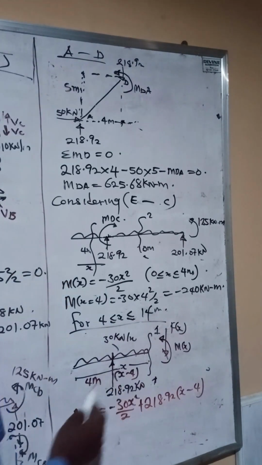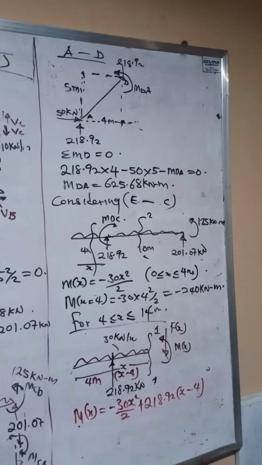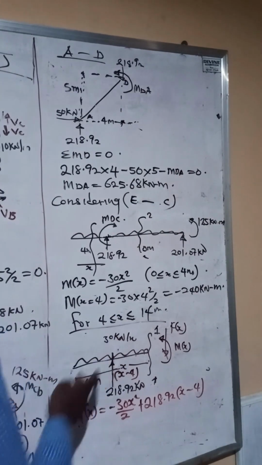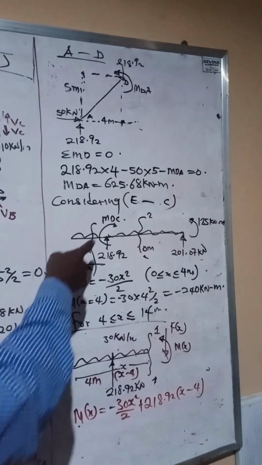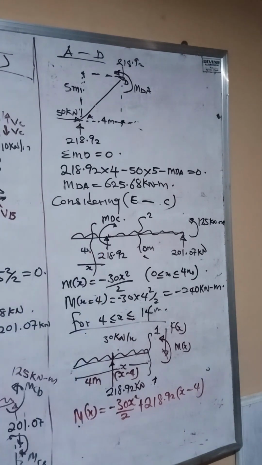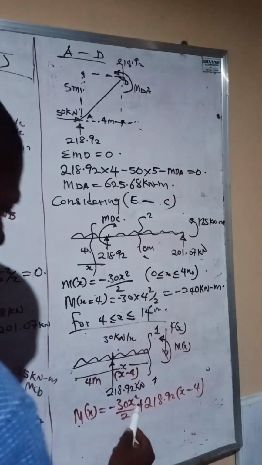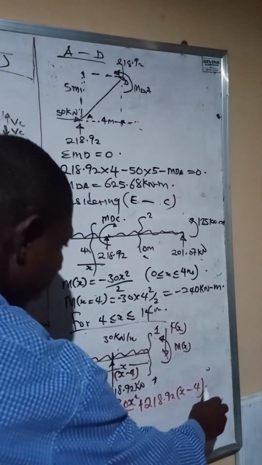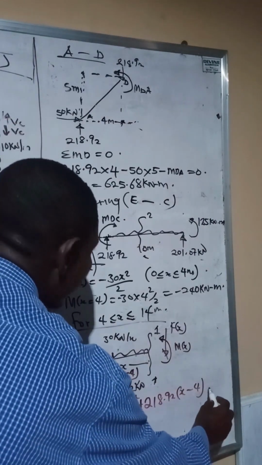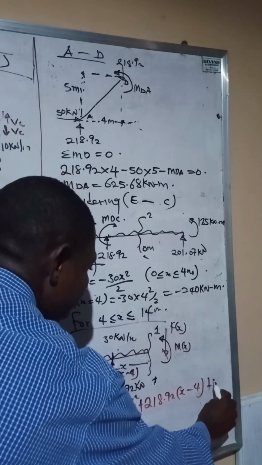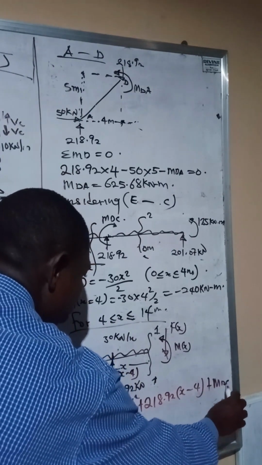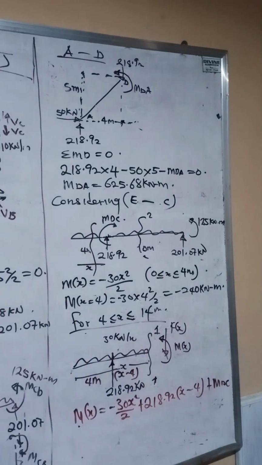Then we'll have a moment, remember, we call MDC. MDC is of equal value with MdA under equilibrium. So we're going to have positive MDC. Okay, so that gives us the expression.